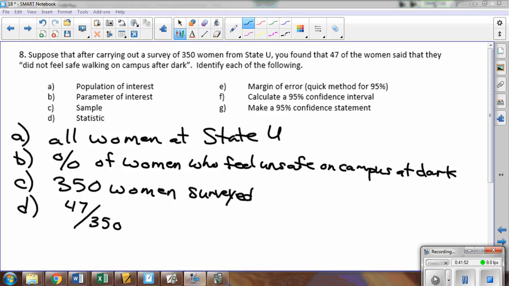And in this survey, the success was the 47 women who said they felt unsafe out of the total number of 350 surveyed. Success over total. And so we can divide this out, 47 divided by 350, and we'll turn that into a percentage. So 0.1342, 13.42%. And we now have our statistic.